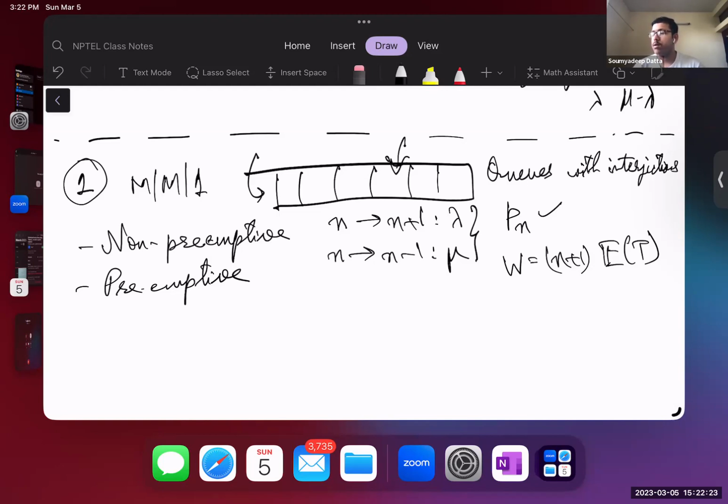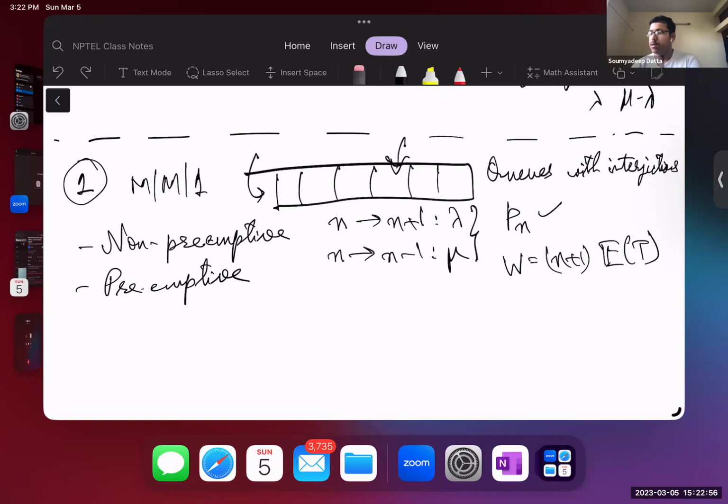Let's say the state is n. We have to assume some probability distribution, say a uniform probability that the newest packet coming in can take any position from 1 to n plus 1, because it may be last also.